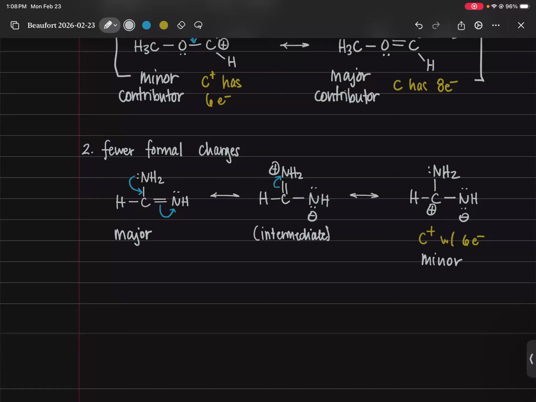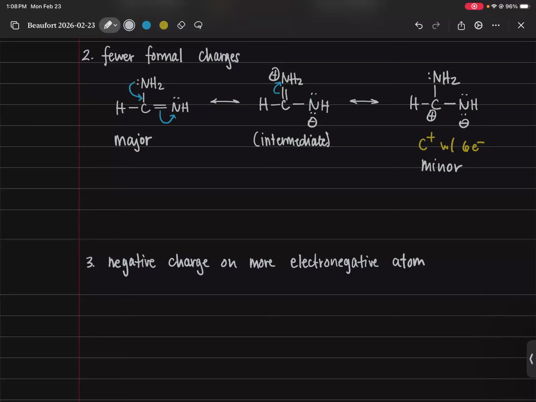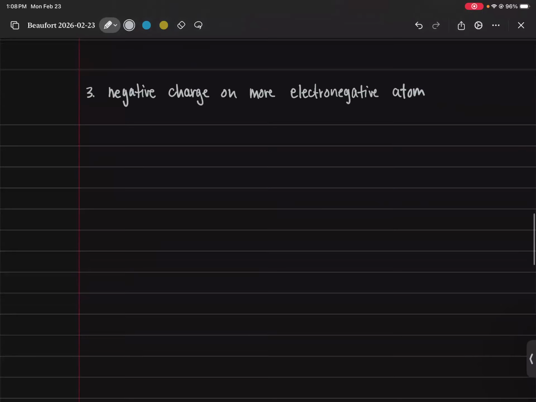As we mentioned before, having negative charges on an electronegative atom is a good thing, better than having them on an atom that's not as electronegative. So if we have this molecule with a negative charge on the carbon, here this lone pair on the CH2 is adjacent to the CO double bond.